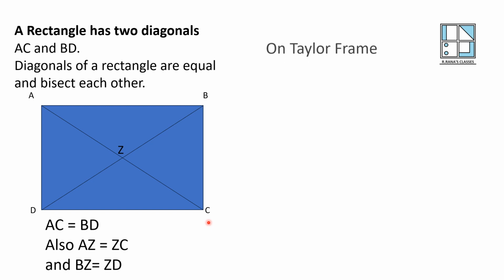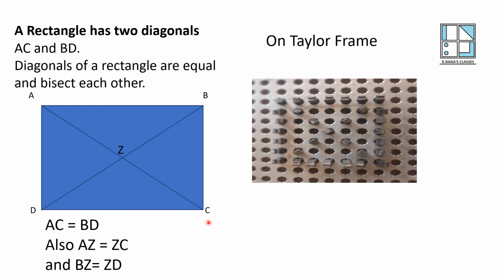On Taylor frame, with the help of pegs, I have shown the diagonals as well as the sides. So this is first diagonal and this is the second diagonal.